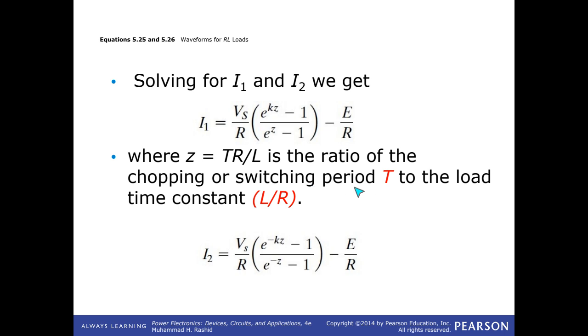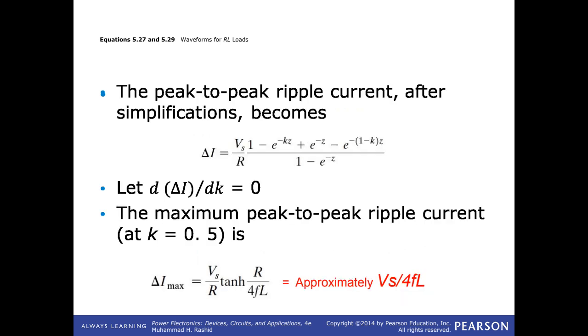Z here is T over tau, where tau is L over R, the time constant. And delta I could be calculated from this one, and delta I max occurs for K equal 0.5.